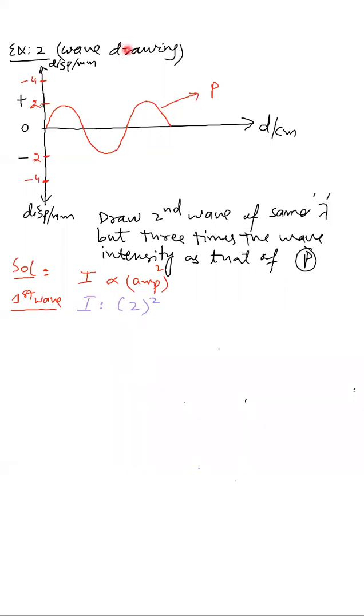Then for the second wave, you write down the data as its intensity is 3 times, so it's 3I, and you need to find its amplitude. Again, what you will be doing is cross multiplying them.